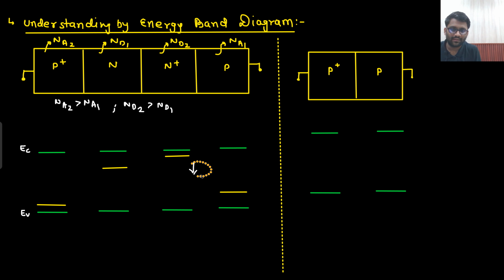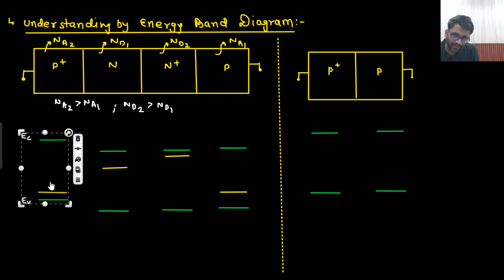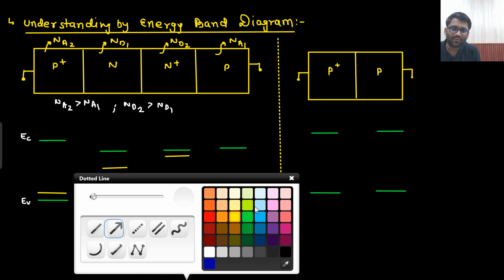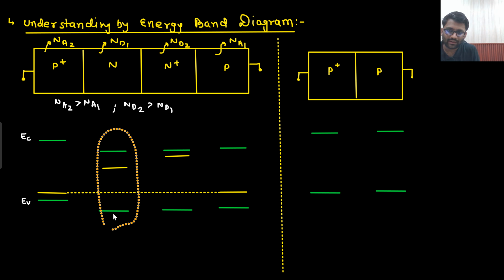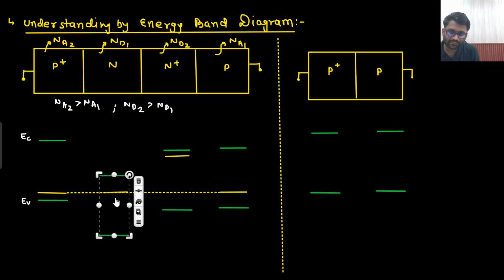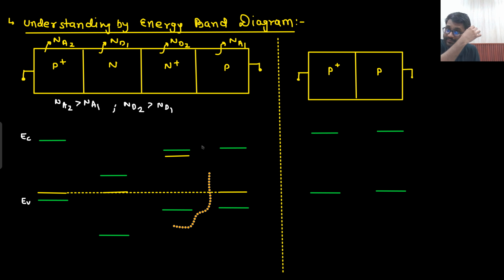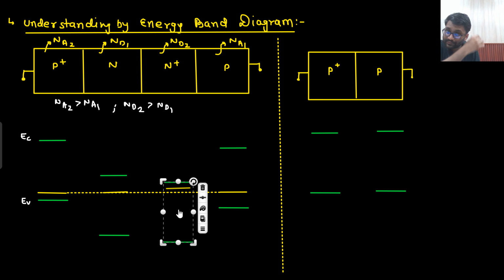Let's check that. What I need to do is that I need to maintain this particular condition. Basically, everything should be in the line of this guy only. Everything should be in the line of this guy. That means this particular guy needs to come down. This particular guy also needs to come down.